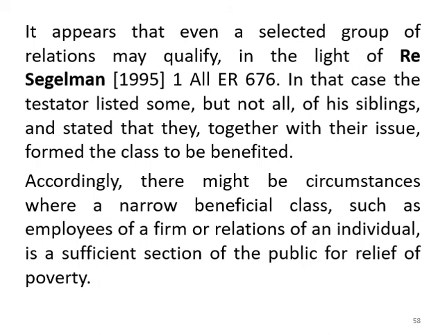It is for private individuals, therefore it is a private trust, not a charitable trust. But in the case of relief of poverty, it is approved as a charitable trust. That's why we say that relief of poverty is an exception to the general rule.